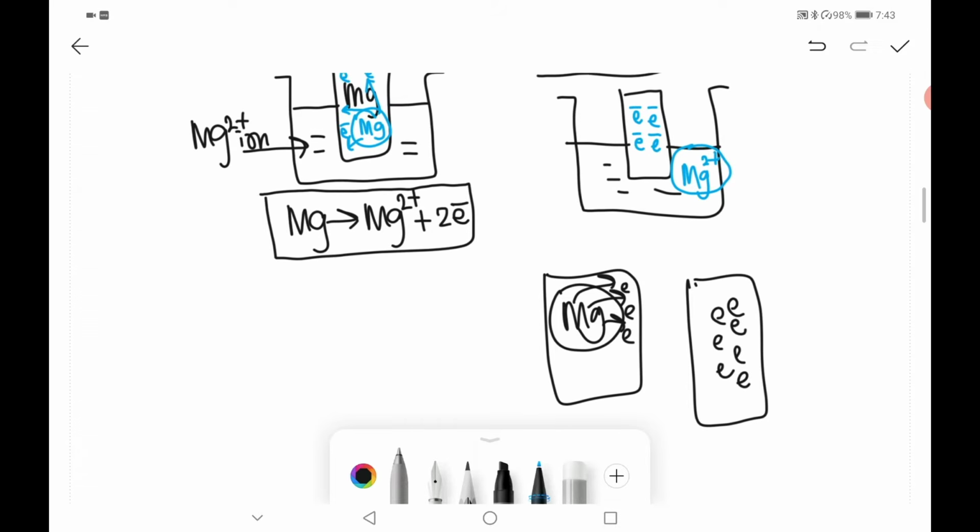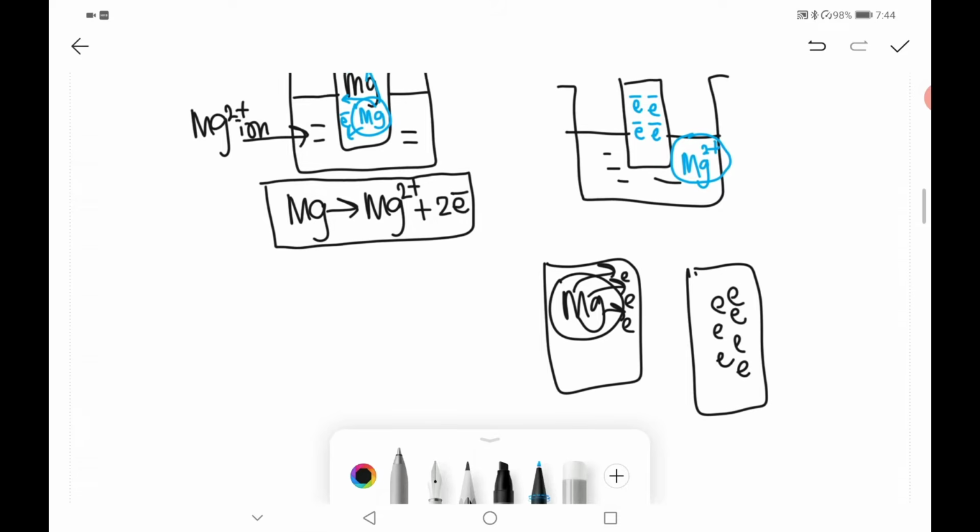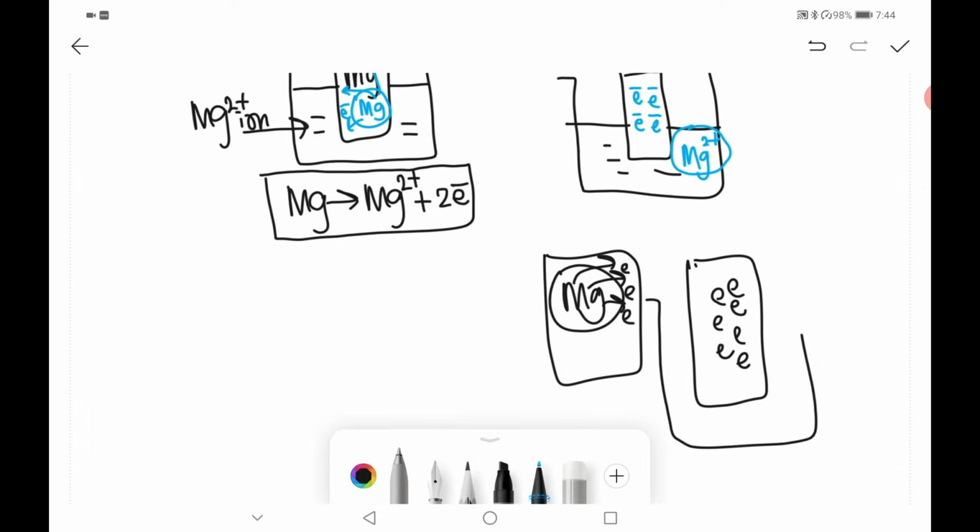Now what happened is that the magnesium ion, Mg2+, in the solution, so here we have a solution, the solution inside got some ion, let's say Mg2+. So the ion will come here to take the electron. So the electron was taken by the magnesium. The metal ion now will take the electron.